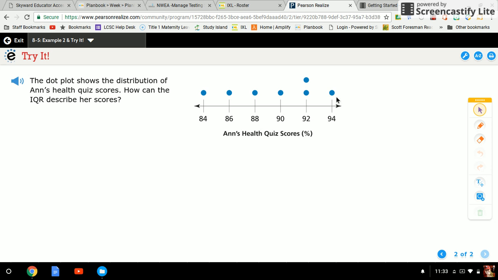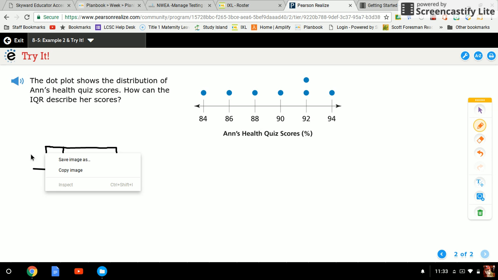Okay, so let me give you a visual here. If this was your number line, and here's your box. Remember, in here, this is the mark for your median.